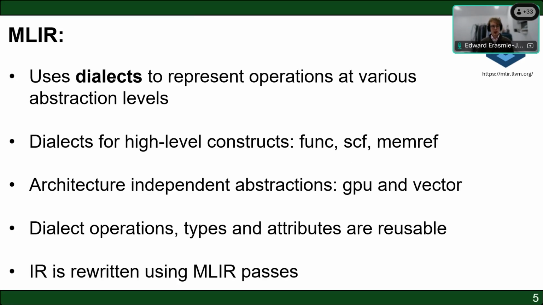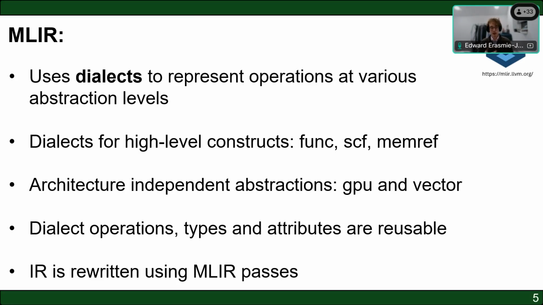So MLIR itself uses dialects, which are groupings of functionality at a particular abstraction level to represent these operations. So you'll have dialects for high-level constructs that you're familiar with from code or from programming in general, like the func dialect for functions, or SCF for structured control flow like loops, and memref for shaped memory region representations.